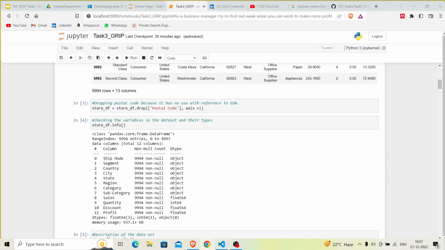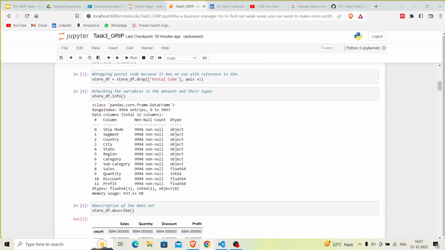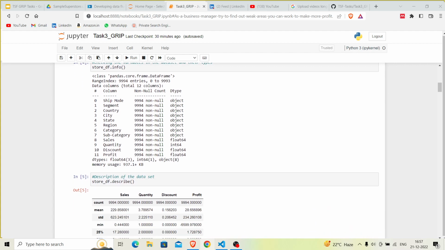Ship mode, segment, country, city and others are object attributes. Quantity is an integer attribute. Sales, discount, and profit are float attributes. In total, 3 attributes are of float data type, 1 attribute is of integer data type, and 8 attributes are of object data type.